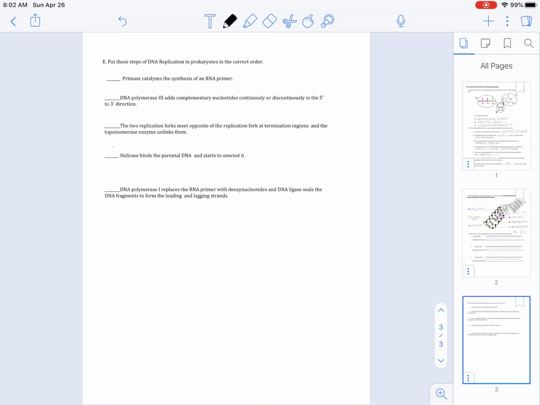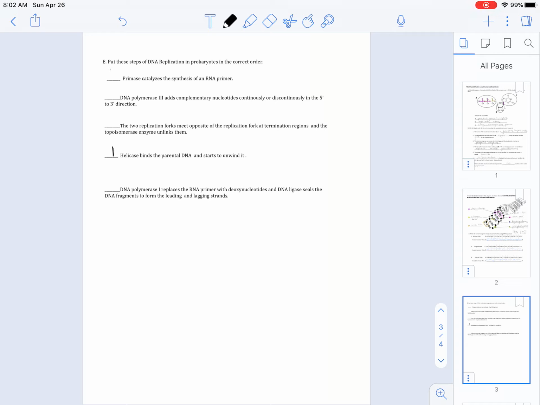So here, number one is going to be when helicase binds the parental DNA to start unwinding it, okay? But understand that this is more generalized. The specific steps that you guys need to do are more detailed in the slides.